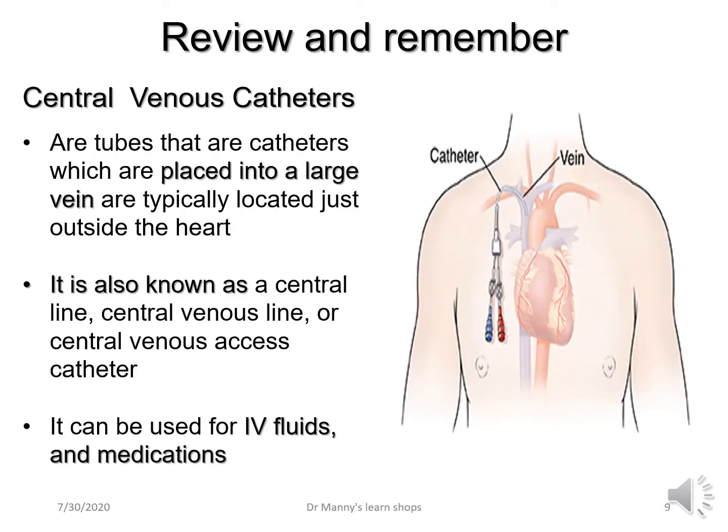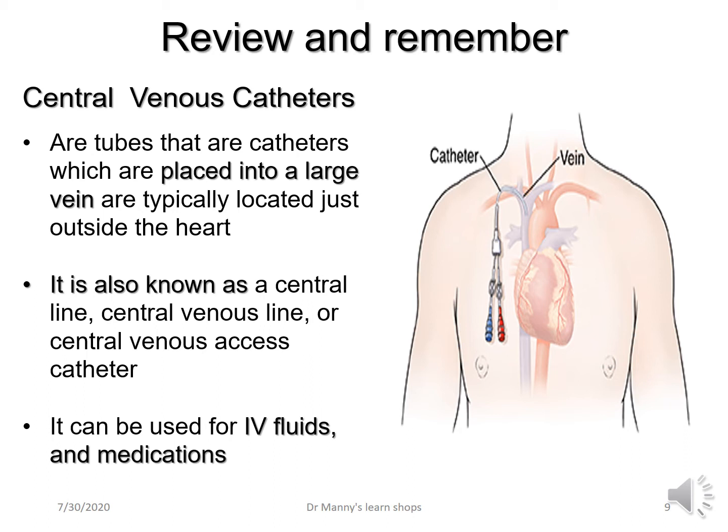Okay, let's review and remember central venous catheters, CVC. Central venous catheters are used for a number of different reasons, one of which could be for measuring central venous pressure. But essentially these are catheters which are placed into a large vein and are typically located just outside the heart.